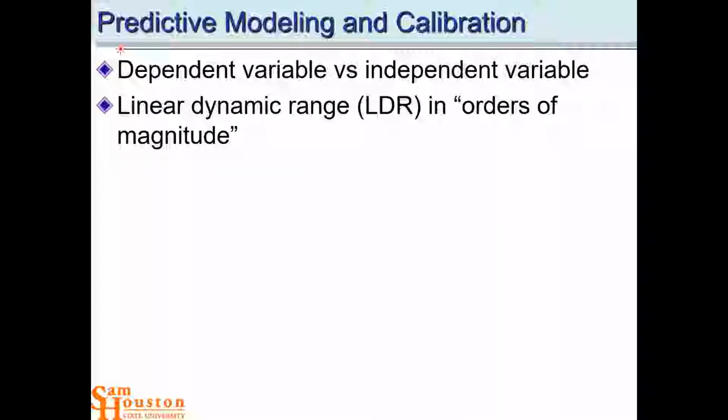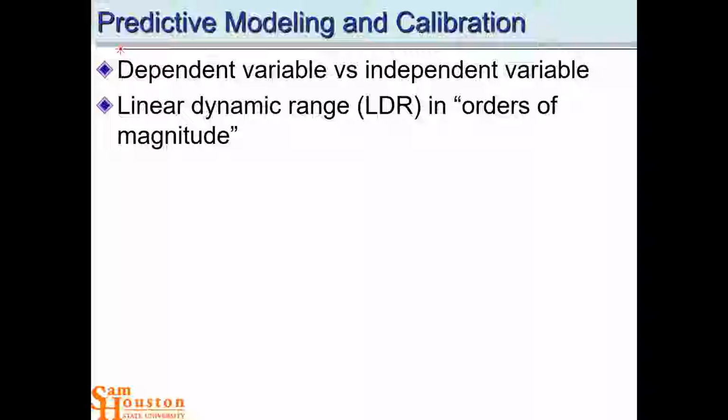Some other things are linear dynamic range, and we'll talk about the linear range of a calibration in orders of magnitude. This is where I first remember hearing the term orders of magnitude, in physics. They were talking about sizes in orders of magnitude, or an estimate. If you were to estimate a value, you could at least estimate to the right place value. So place value is another word for order of magnitude.